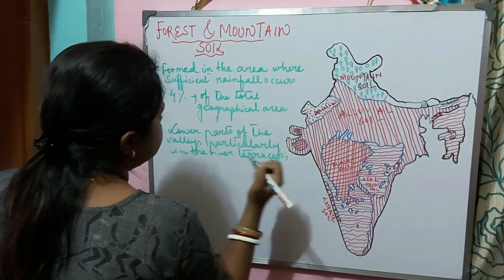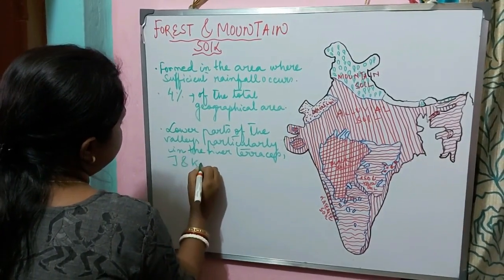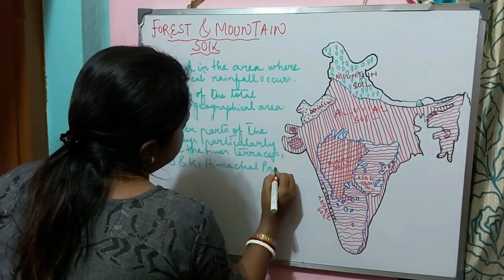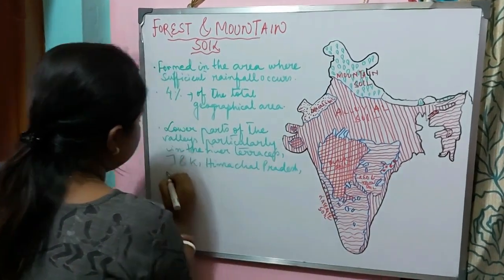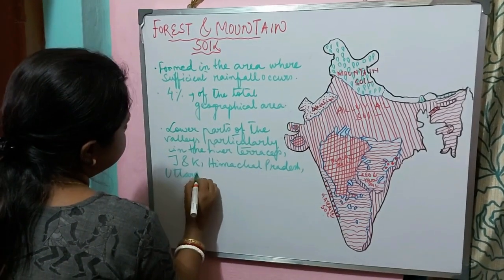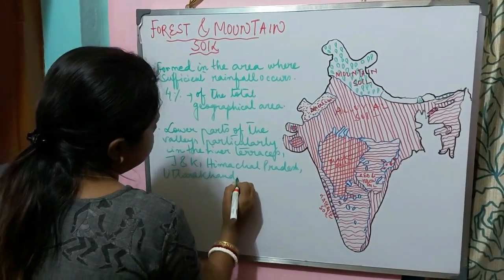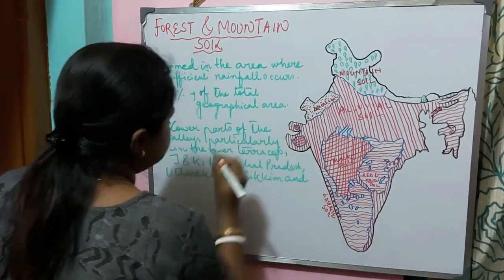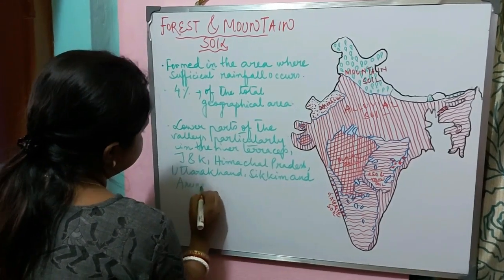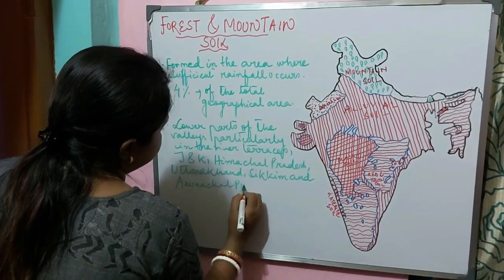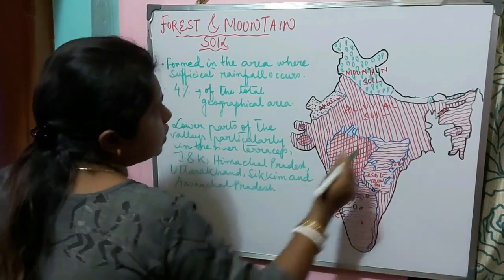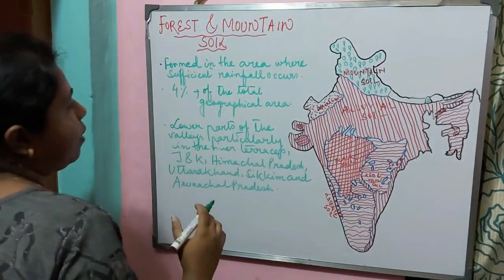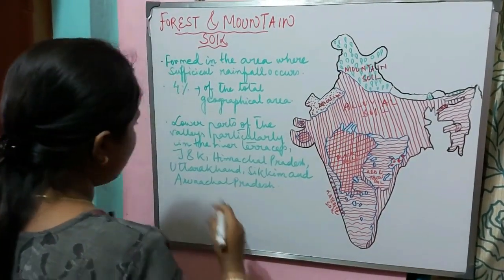In the mountainous areas of Jammu and Kashmir, Himachal Pradesh, Uttarakhand, Sikkim and Arunachal Pradesh. You can see here Arunachal Pradesh, Sikkim, and this region is fully covered up with the forest and mountain soil.